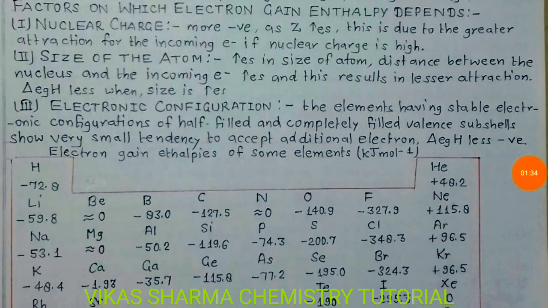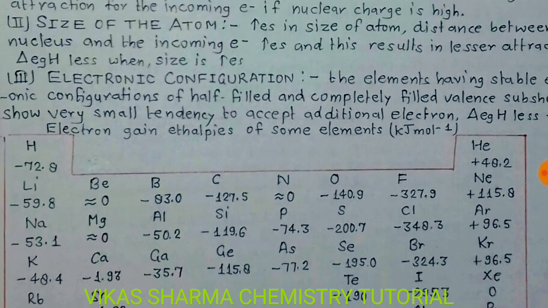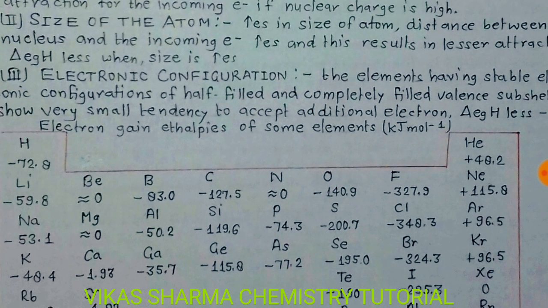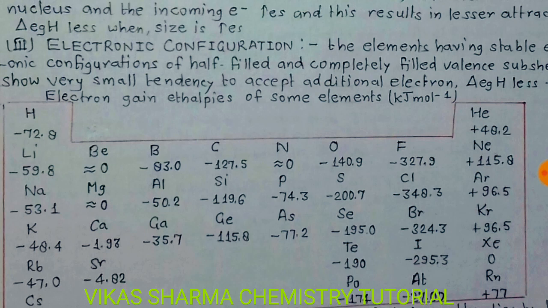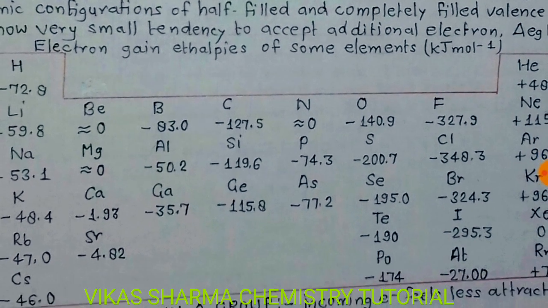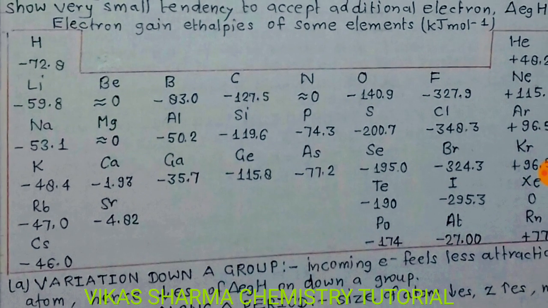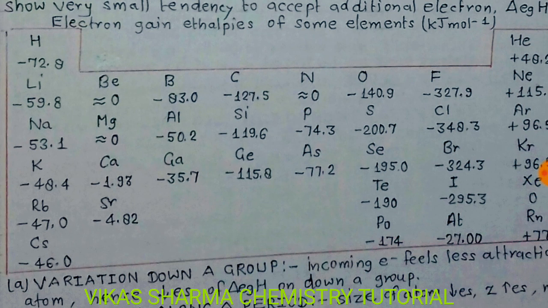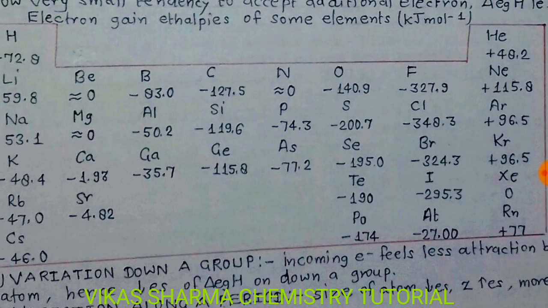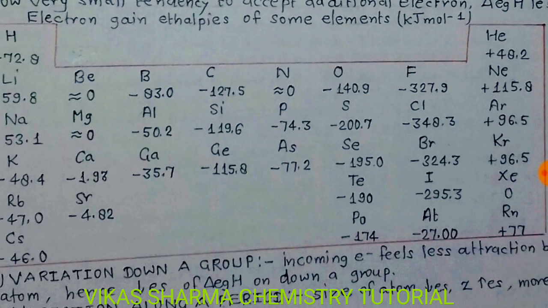So, the electron gain enthalpy of some elements you have seen in the table. Student, if we discuss the third period, sodium's electron gain enthalpy is minus 53.1. Magnesium is similar, about 0. Chlorine is minus 348.3, which means chlorine accepts an electron easily.